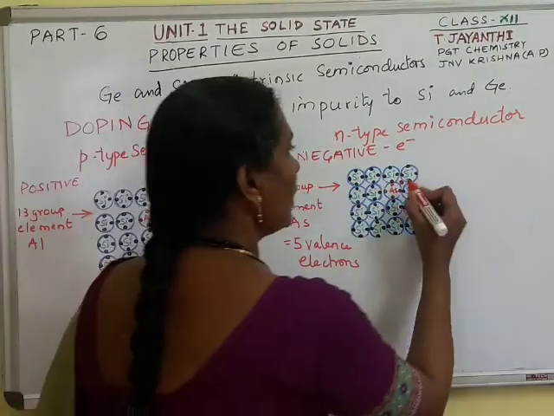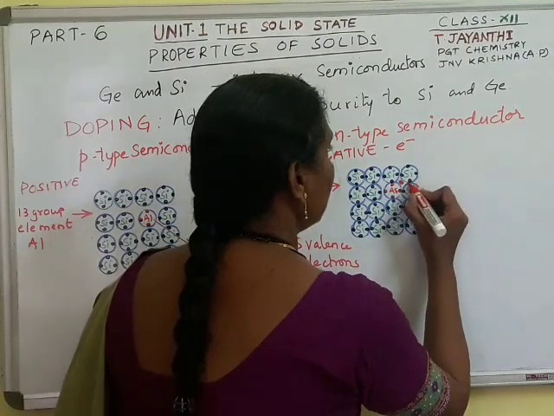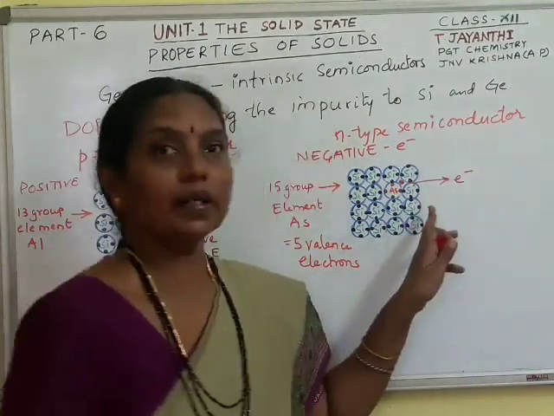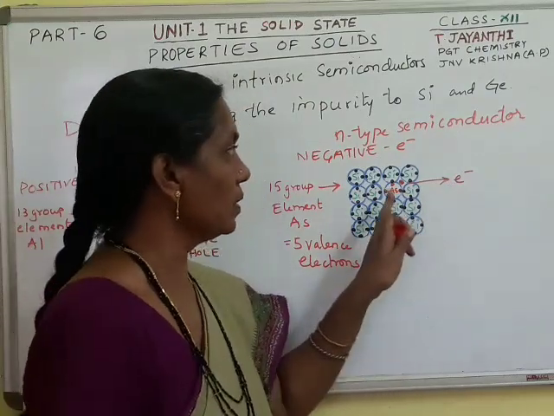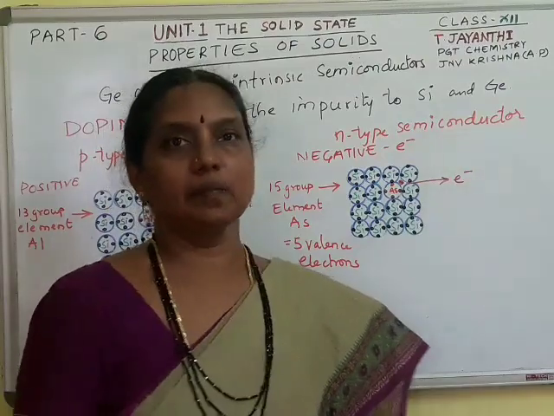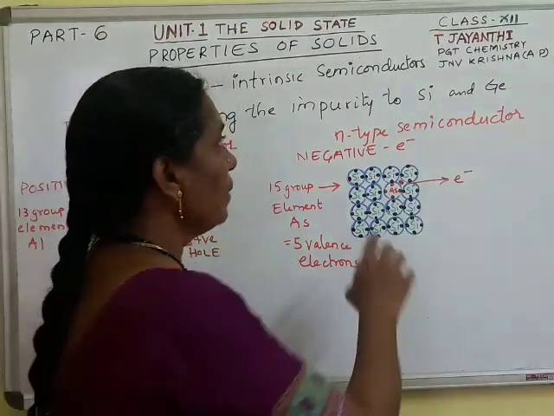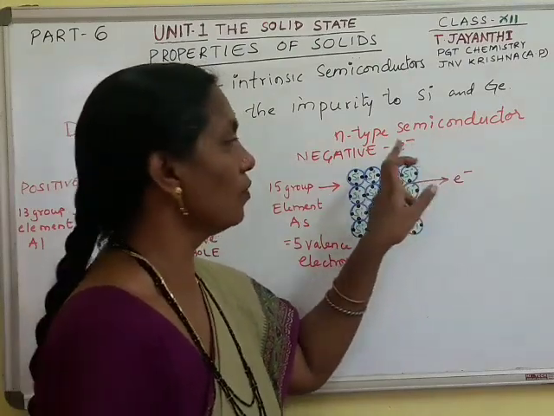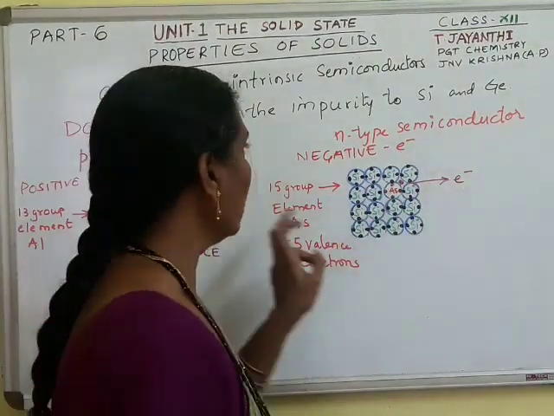This extra electron, which has not bonded with the neighboring silicon atom, is the reason for the flow of current in n-type semiconductors. In n-type semiconductors, n means negative, which is electron. The flow of current is due to the electrons.